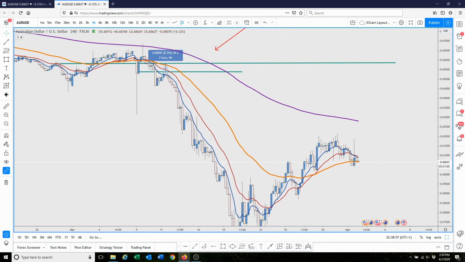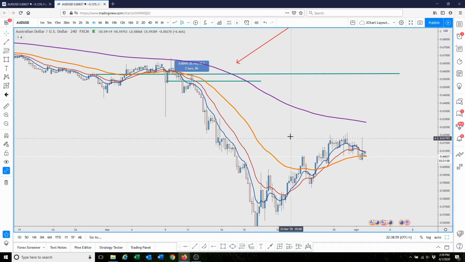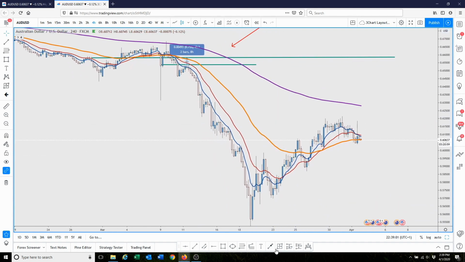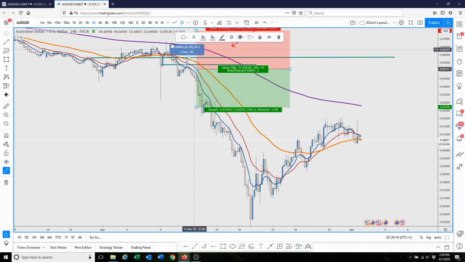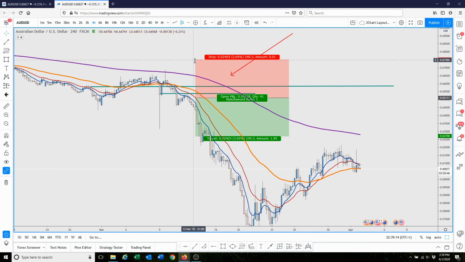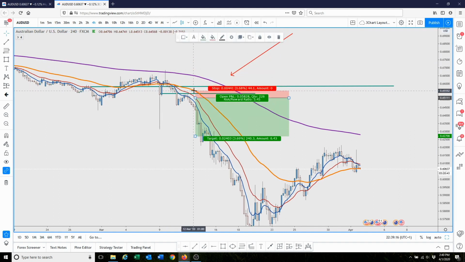Let's do the risk to reward calculation here really quick. Let me just delete this. Like I said, I want a stop loss above the EMA 50, and that's showing me a 41 pip stop loss.